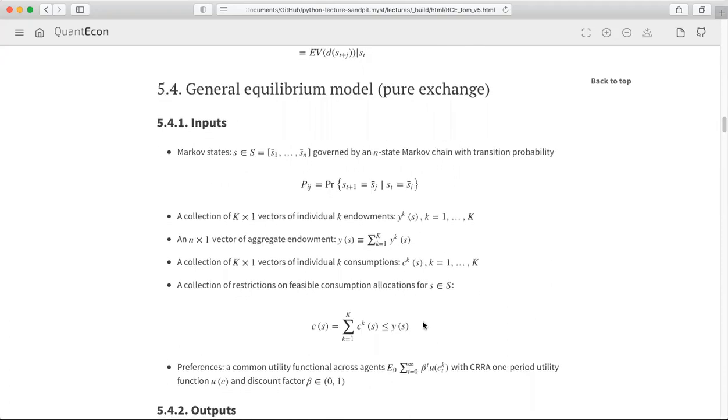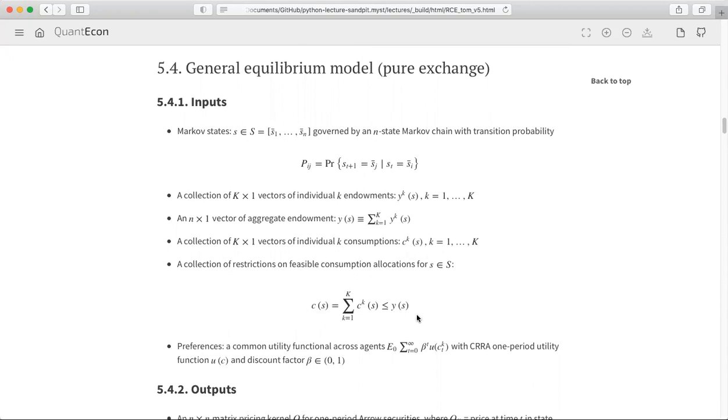We're going to have allocations. This is a pure exchange economy. The endowments are exogenous. We're just making them up. But the consumptions aren't going to be exogenous. This is a restriction on feasible allocations, and an allocation mechanism is going to somehow have to distribute what's available to people who want it.